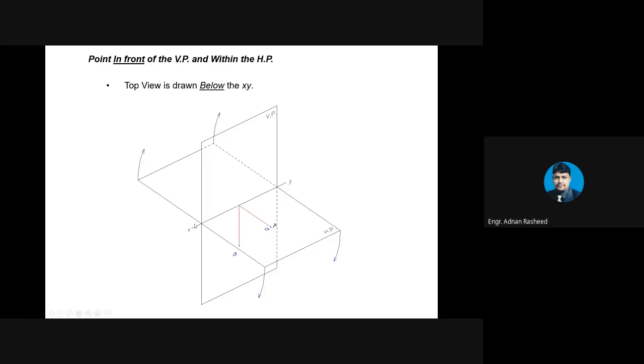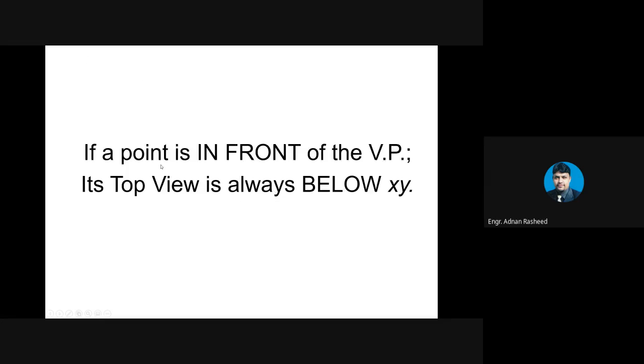The third example is the point is in the horizontal plane, but it is in front of the vertical plane. Again, if you are watching it from the top, definitely you will get the top view in the horizontal plane, and upon the rotation, the top view will be below the XY line. So the conclusion: if a point is in front of the vertical plane, its top view will always be below the XY line.